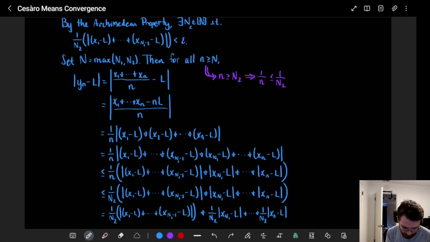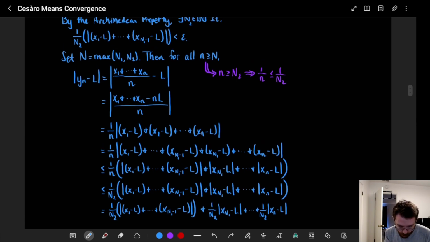Okay, so let's write what we have. We know by assumption, right here, this term is less than epsilon. And we also have by assumption that each of these terms, not including the 1 over n2, is also less than epsilon.